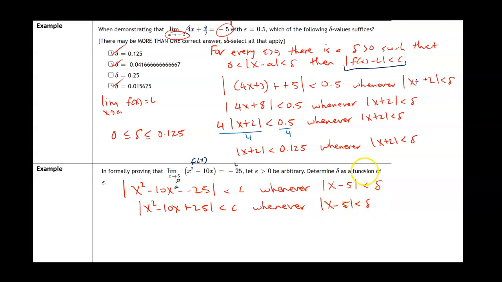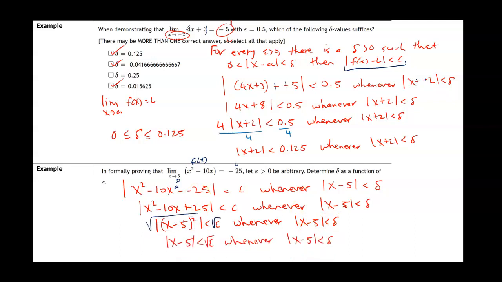And again, all I'm doing is plugging into this formula. We have |f of x minus L|, that's your f of x, that's your L, and then we have |x minus a|, which is |x minus 5|, and that's going to be less than delta. So if you factor this, we get |x minus 5| squared less than epsilon whenever |x minus 5| is less than delta. Now to undo the square, we can take the square root.